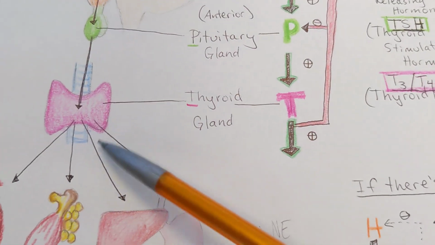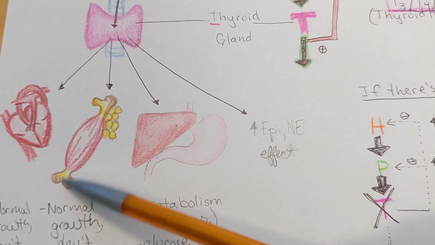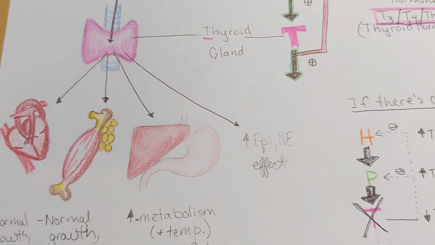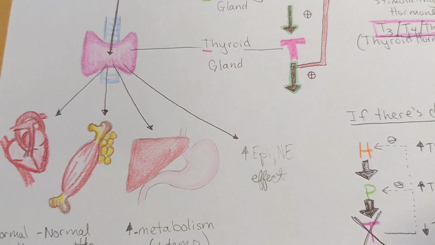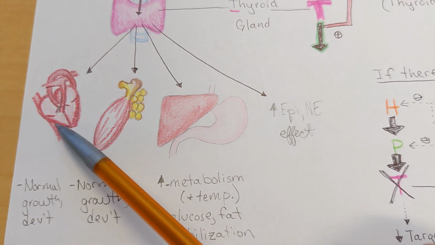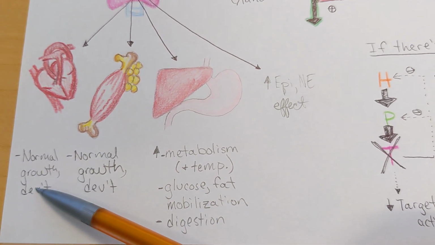The thyroid gland releases thyroid hormones binding to target tissues, and essentially, to summarize the effects, thyroid hormones increase the metabolism of the target organs, as well as growth and development. So the heart, thyroid hormones promote normal growth and development, right?